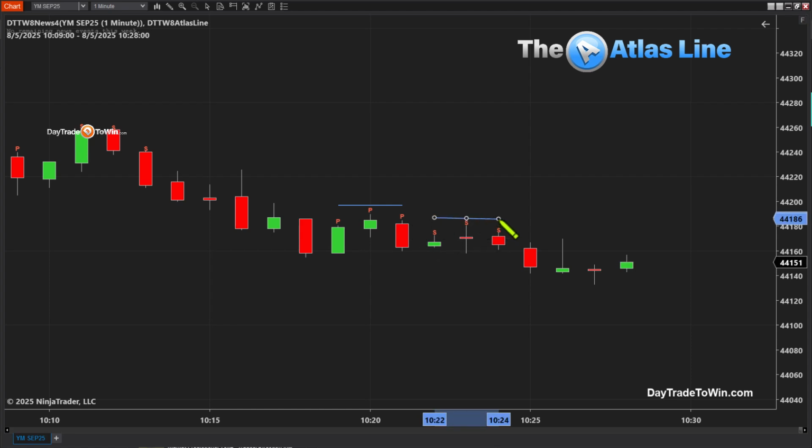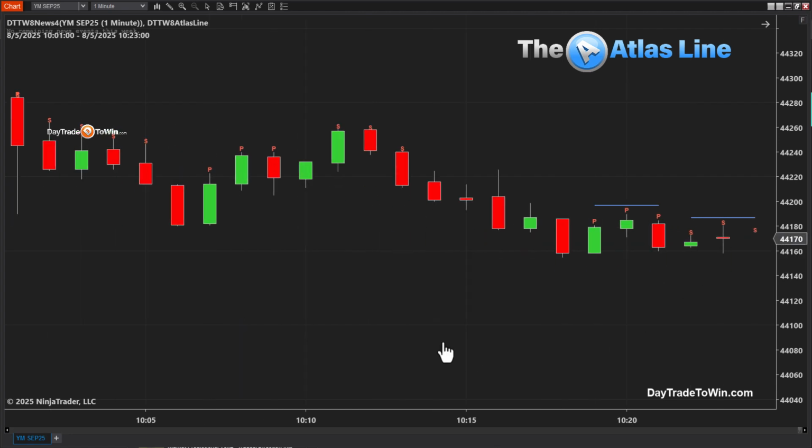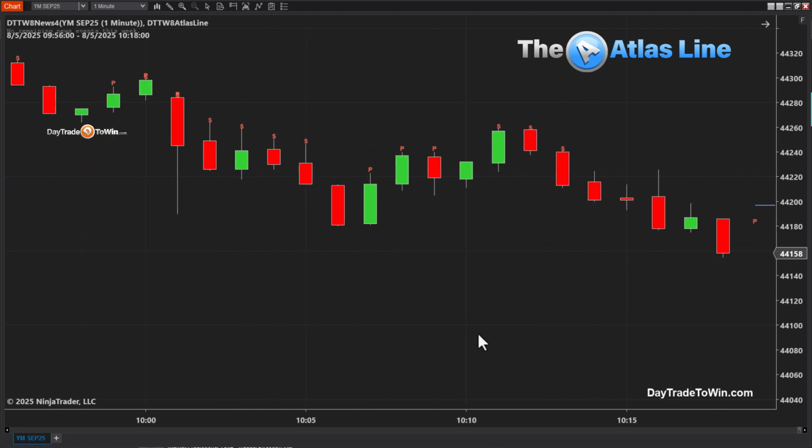Now, it's really important, what I teach is if the trade is too risky, where the stop is too far away, you can see that's very tight, then it's not worth taking. The risk is too much. So each trade has its own dynamic risk tolerance. If it's too much, let it go. And most of these trades are actually pretty good.